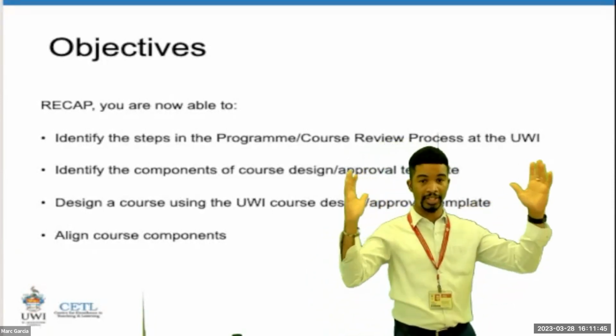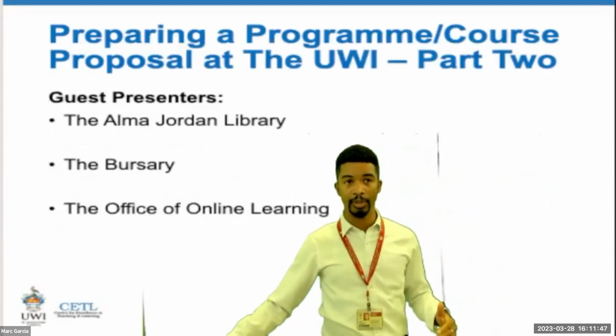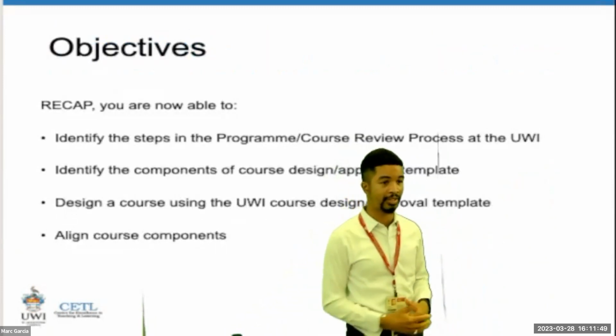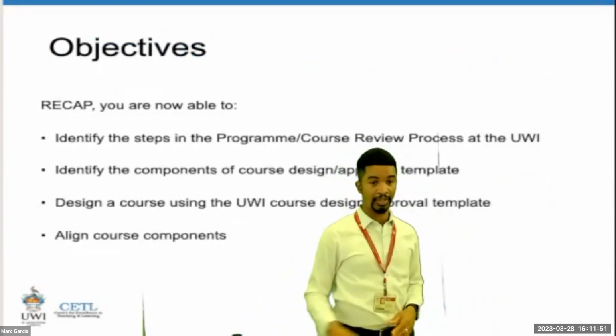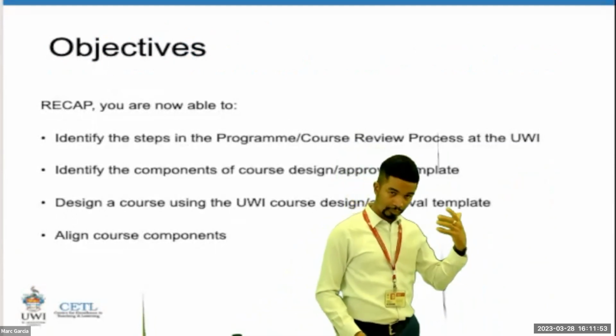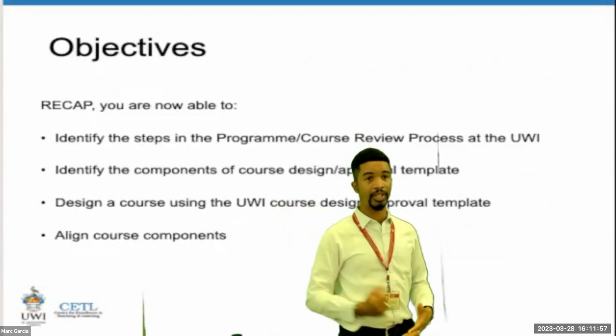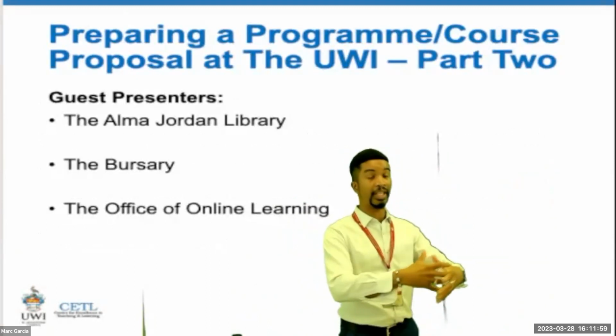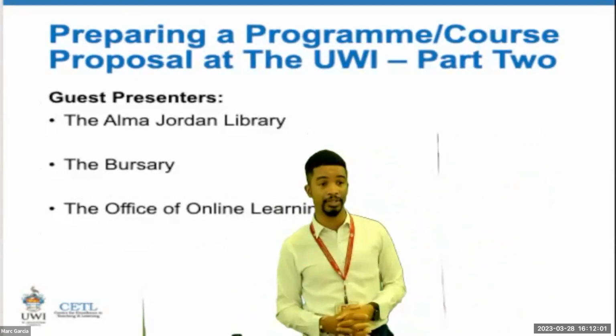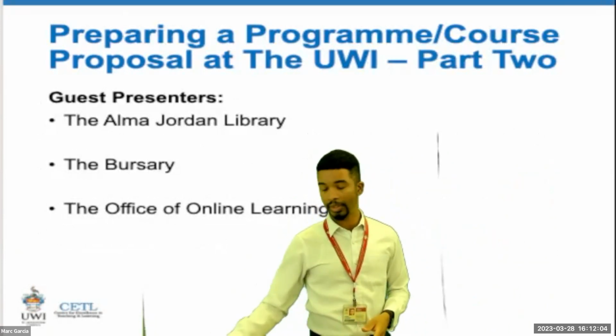And of course, that speaks to alignment. We also explored some of the other aspects of the process, including the financial, the library reviews, and the OL and so on in bursary.